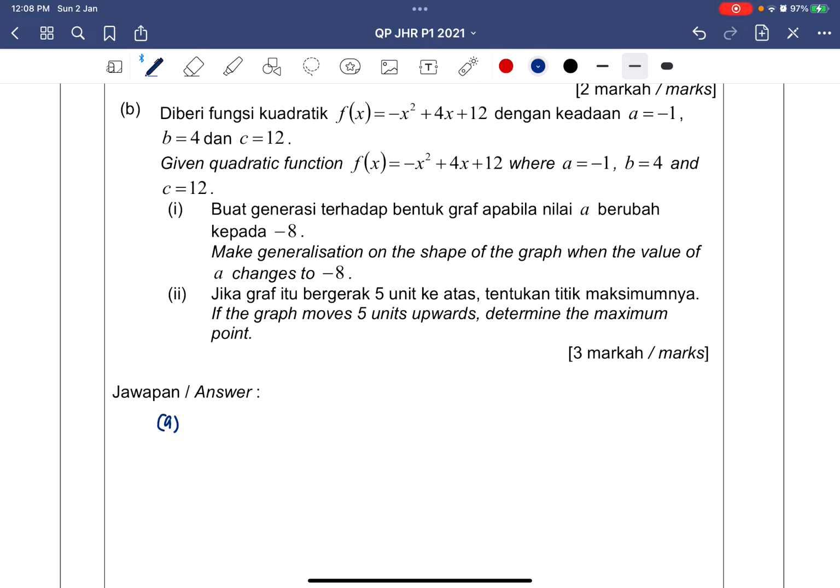For question A, f(x) equals negative 2 (x plus 1/4) squared plus 49/8. So expand it.